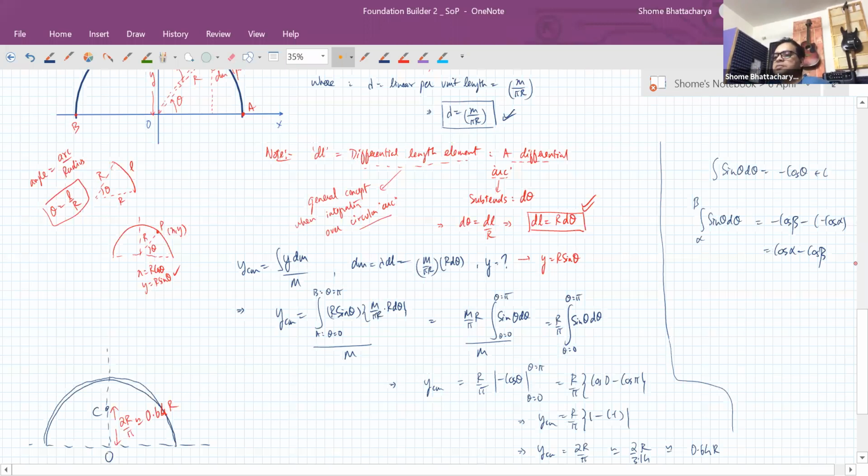So in a sense, we can say that the mass of the semi-ring acts through that point C. The effective point through which the mass acts, which is the symmetry point or the center of mass, is that particular point C that we've labeled in the diagram.